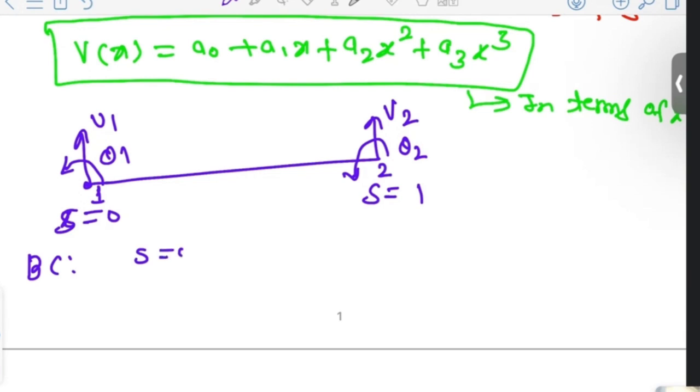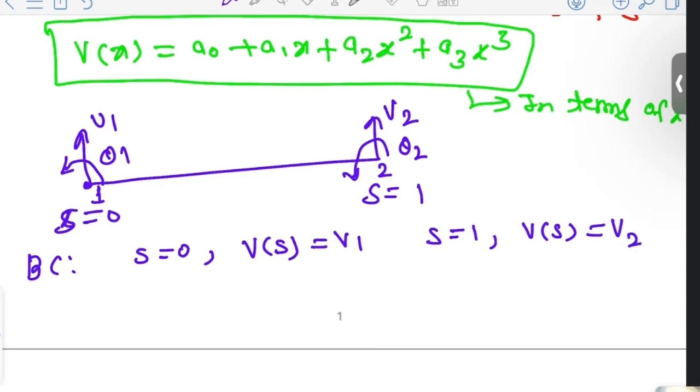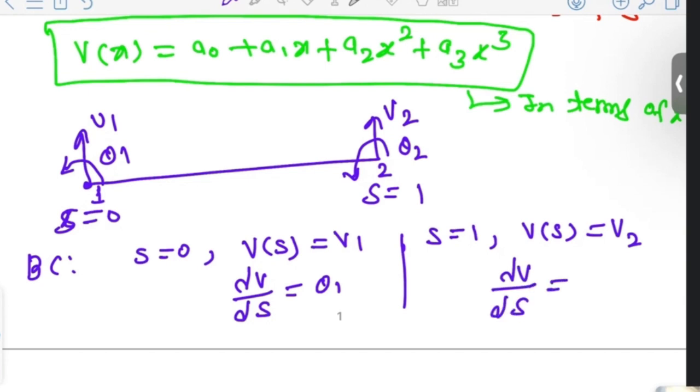So the boundary conditions are: at s equal to 0, V(s) will be V1. At s equal to 1, V(s) will be V2. At s equal to 0, dV by ds will be theta 1, and at s equal to 1, dV by ds will be theta 2.